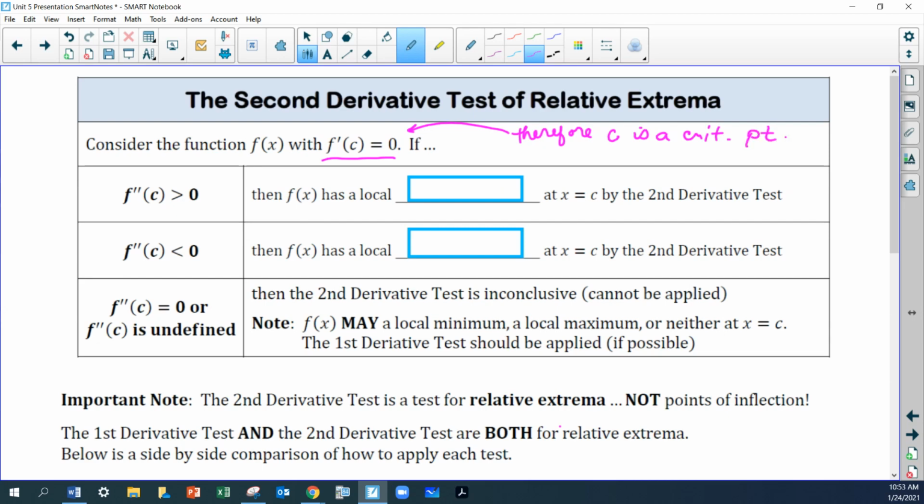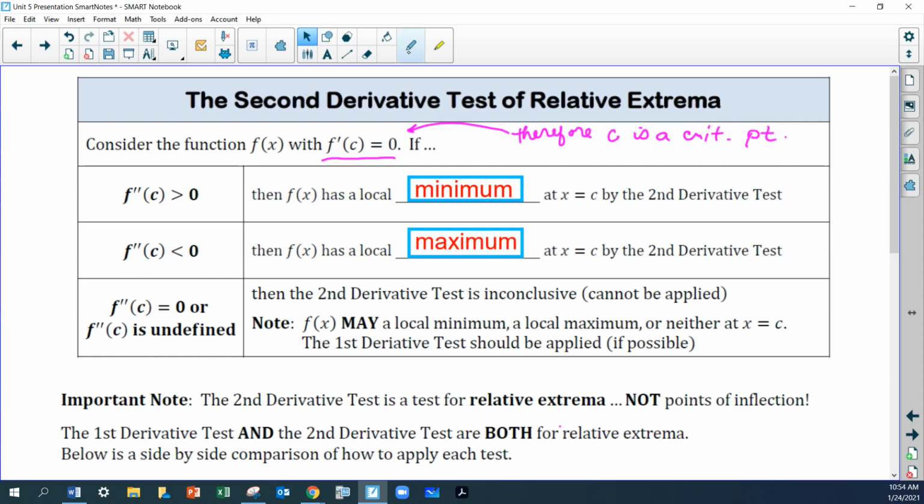And if I know that f double prime of c is greater than 0, then I know that f of x has a local minimum at x equals c by the second derivative test. And if f double prime is less than 0, then I have a relative maximum at c.